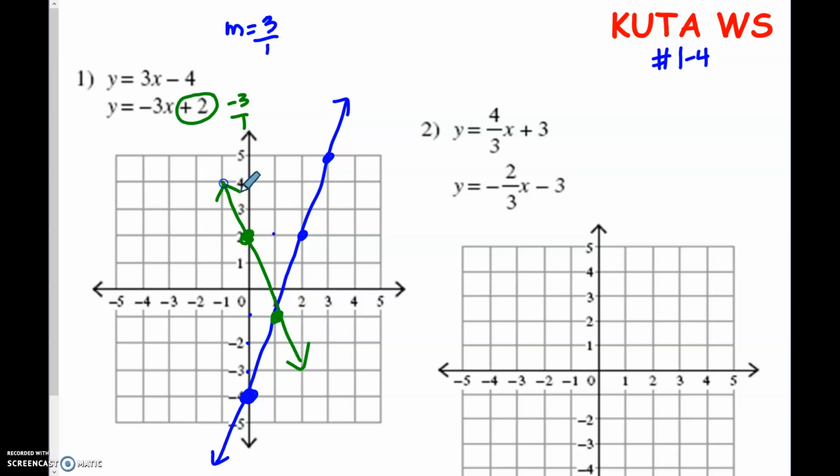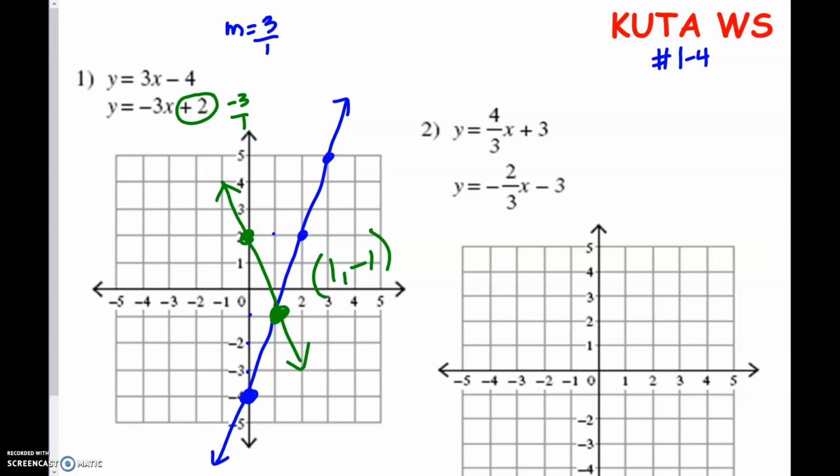As soon as my two lines meet, which they do at this ordered pair, I'm done, except I need to write the ordered pair. The solution to these two graphs meeting is 1, -1. So the solution is 1, -1.